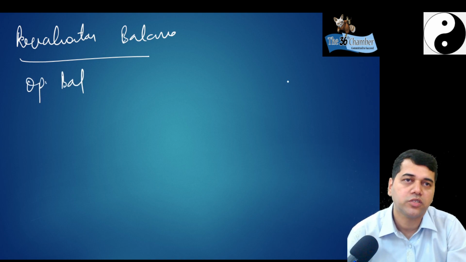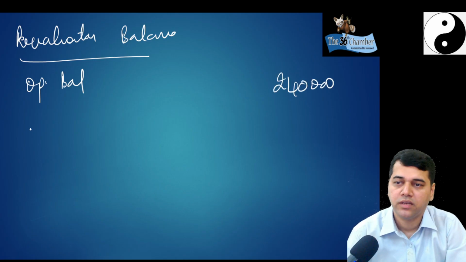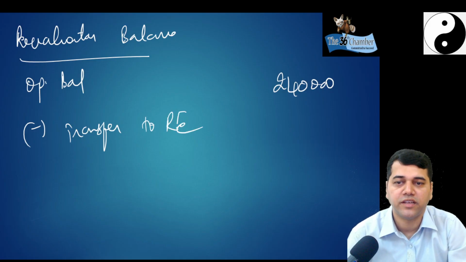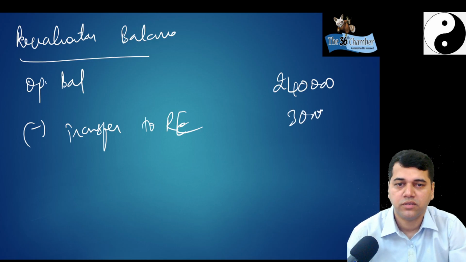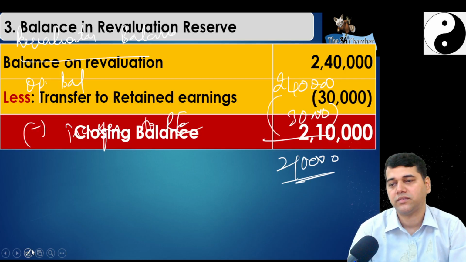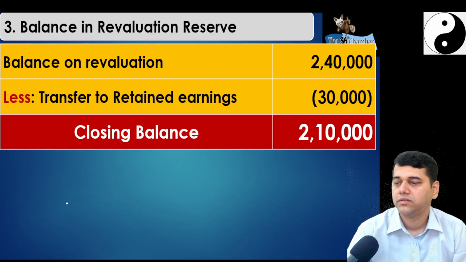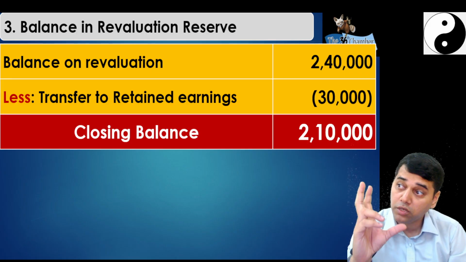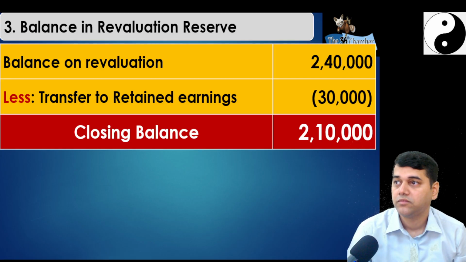So the revaluation balance, opening balance, how much? 2,40,000 minus transfer to retained earnings 30,000. So you have got 2,10,000 as the closing balance. If you have opted for the first method, then depreciation will be over the total block and total life, not for the remaining life.